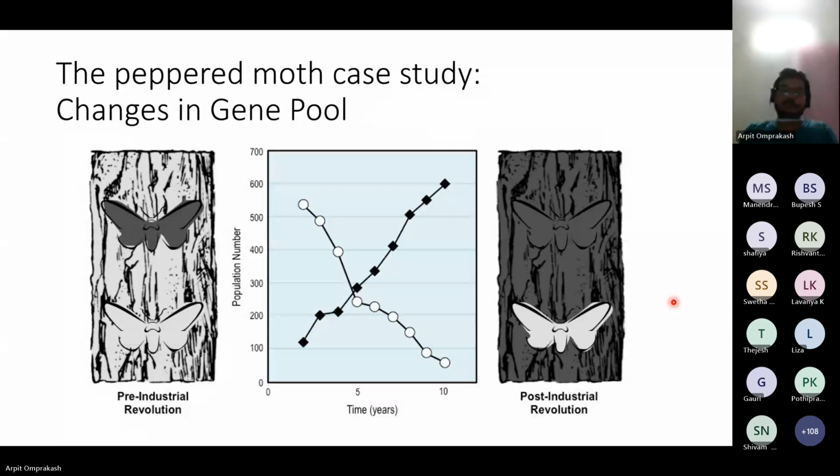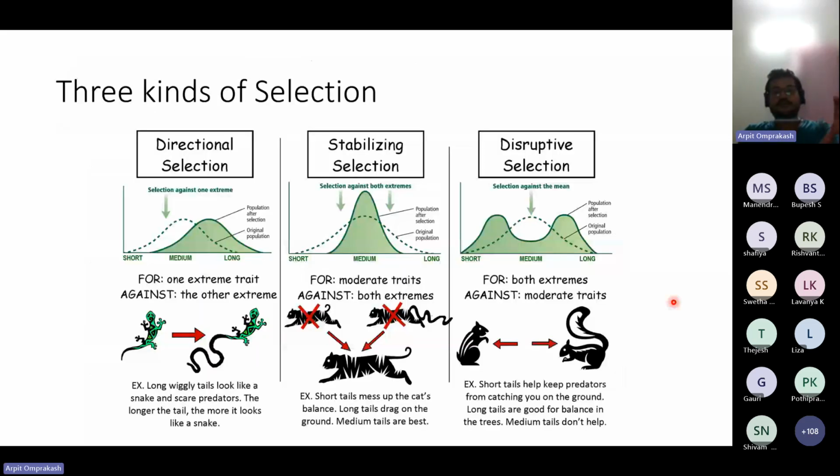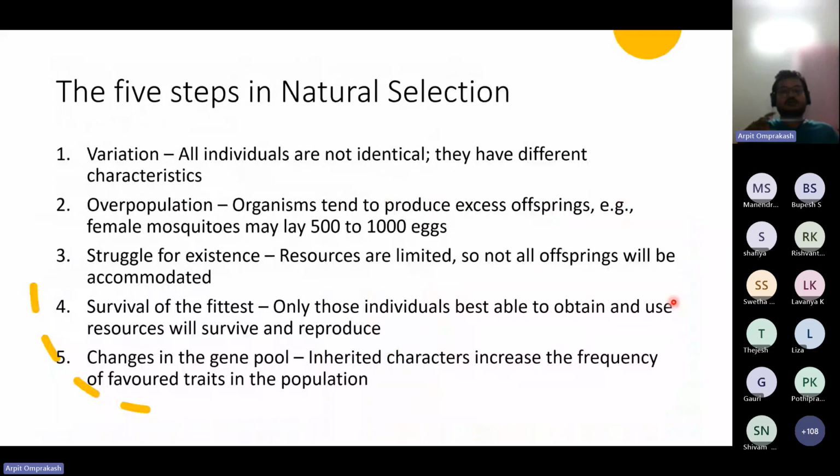Okay. So this is basically the whole thing in the 5 steps of natural selection. So just to recap, in a species, all individuals are not identical. They have different characteristics or different traits and different features.